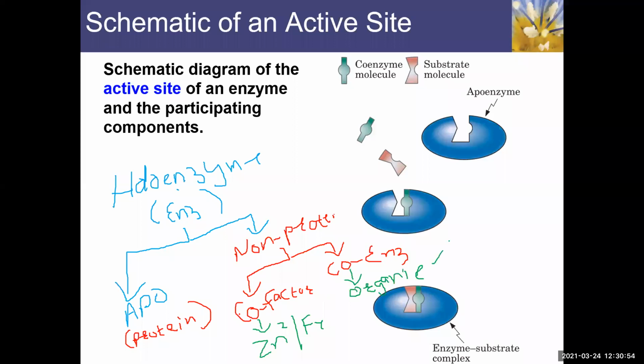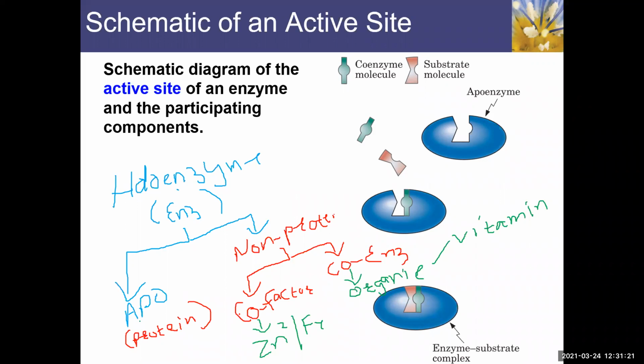That means it can be any vitamin. Usually we have vitamins which act as the coenzymes. You will come across so many vitamins like NAD positive, right? Riboflavin, right? Niacin. They're all used as coenzymes.